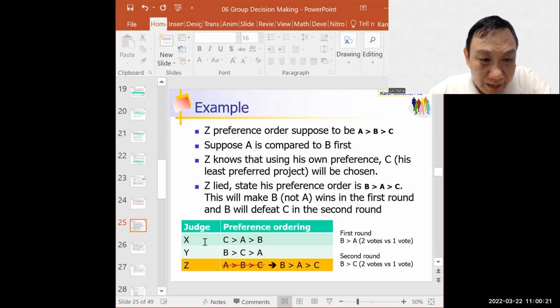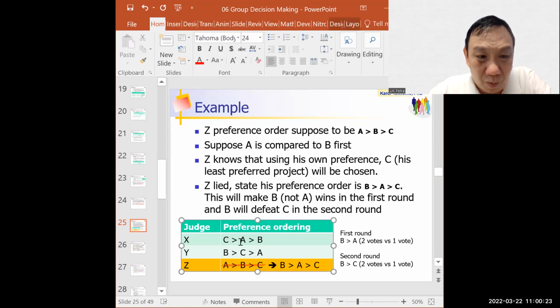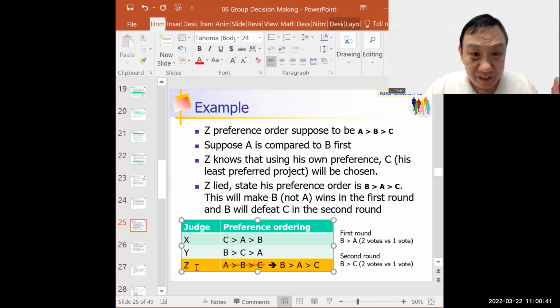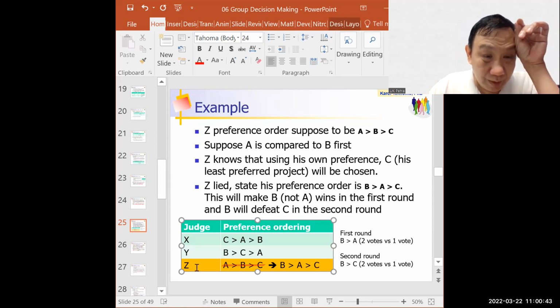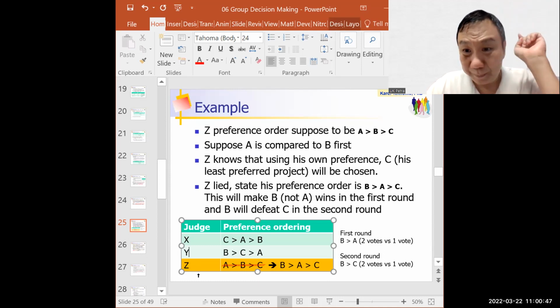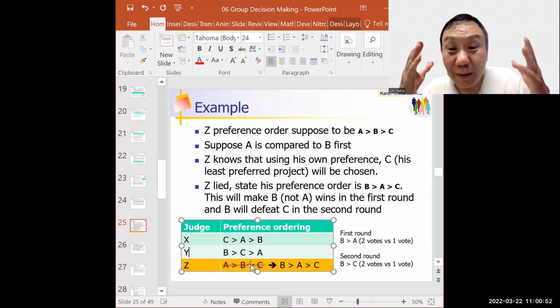Judge X will prefer C compared to A compared to B. C is larger than A, larger than B. Judge Y will say this is his preference order: B is larger than C, larger than A. And then Judge Z, his preference is A larger than B larger than C. This is in his mind only.